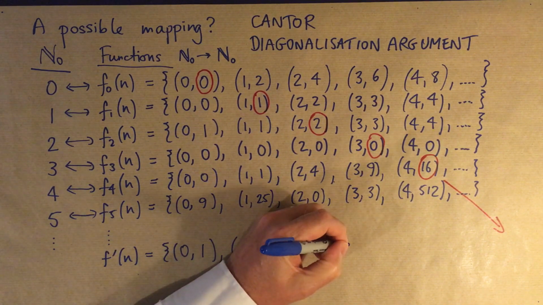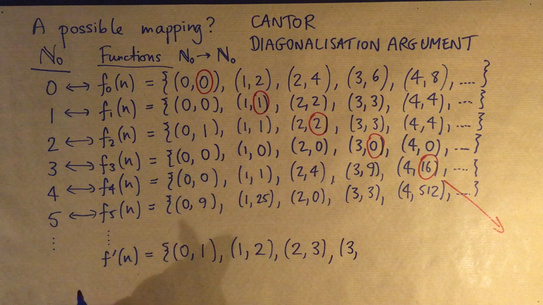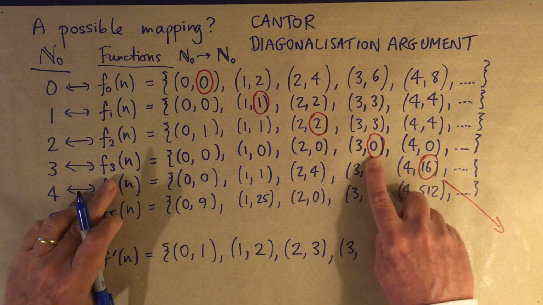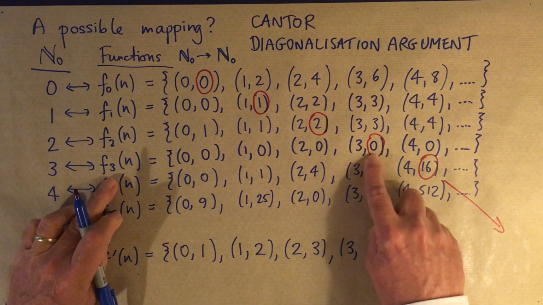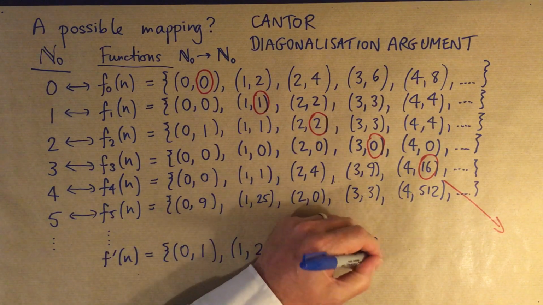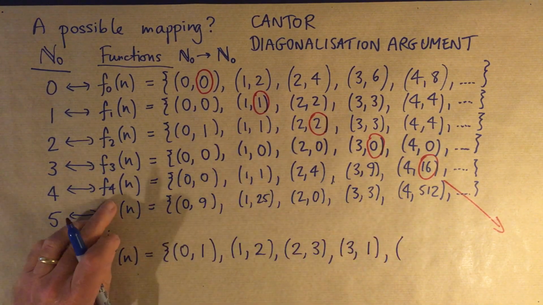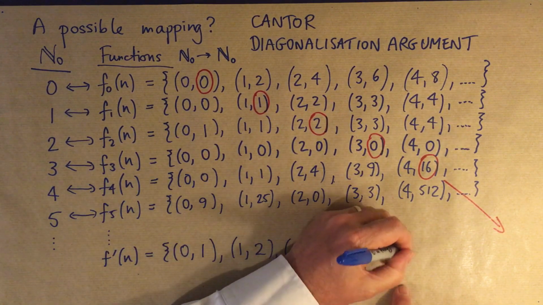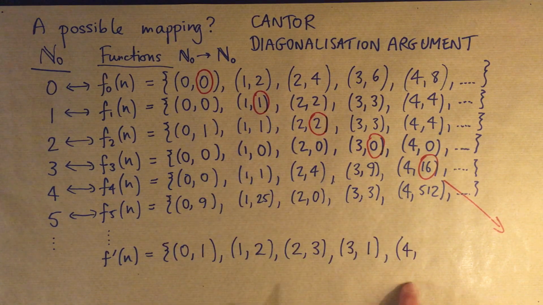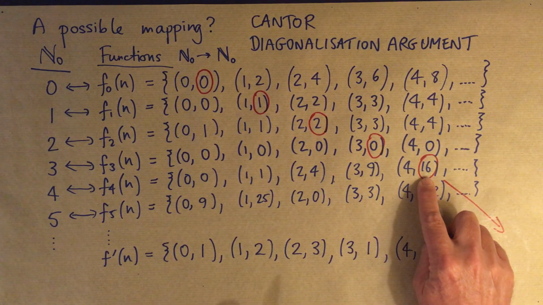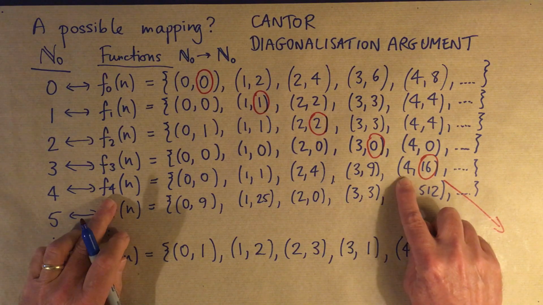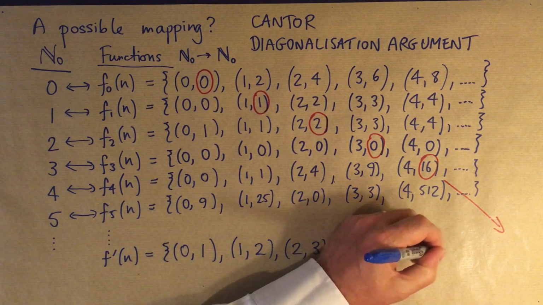For the output for 3 from F dash, we look at the output for 3 from F3 and we add 1 to it. And for the output for 4 for F dash, we look up in our table here what the output for 4 is for F4 and we add 1 to it.